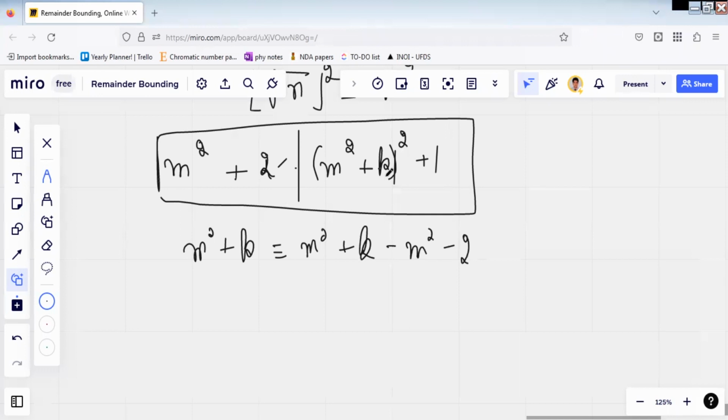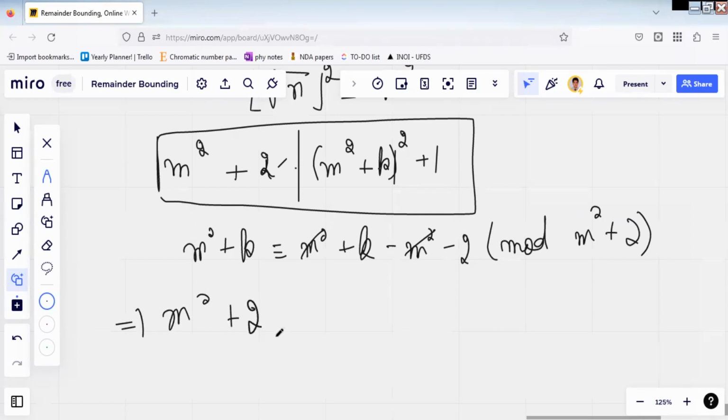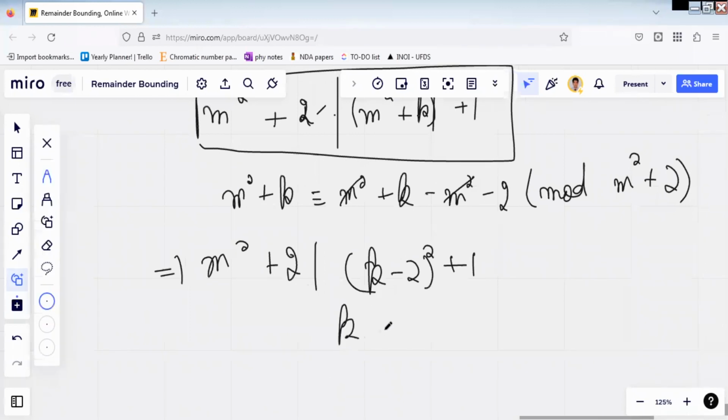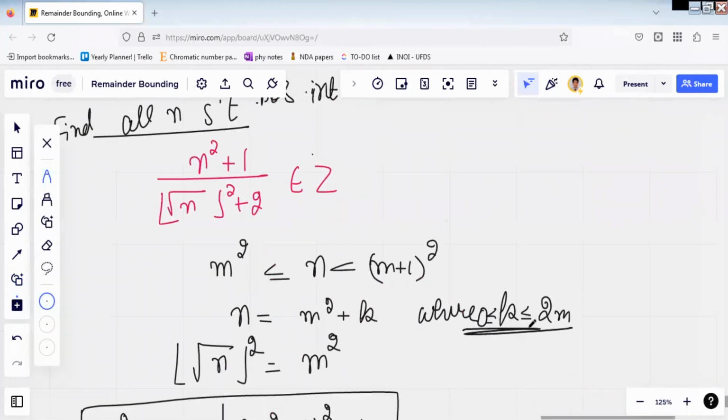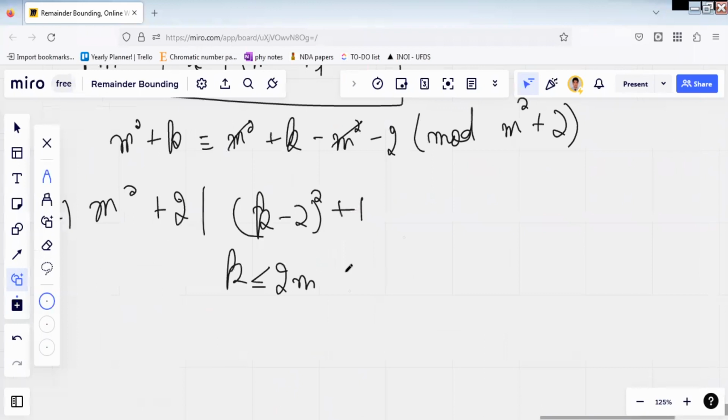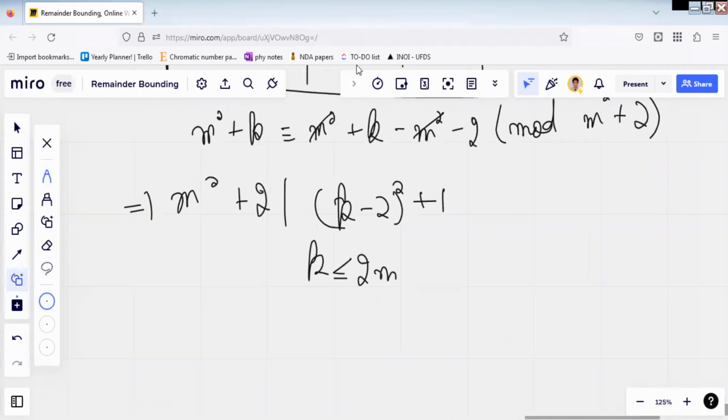When I did this problem, I expanded the square and did the things manually, which is terrible. So this means that m squared plus 2 divides (k minus 2) squared plus 1. Yeah, and now k is at most 2m, because that's how we defined k. We wrote this thing here. Yes, I see.